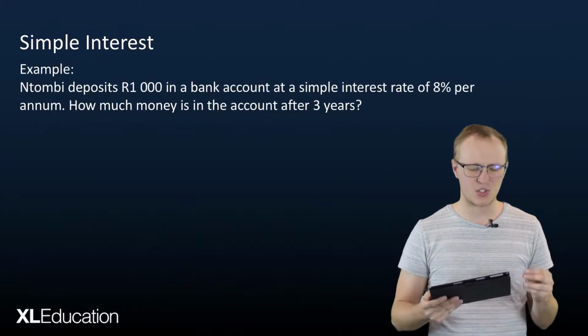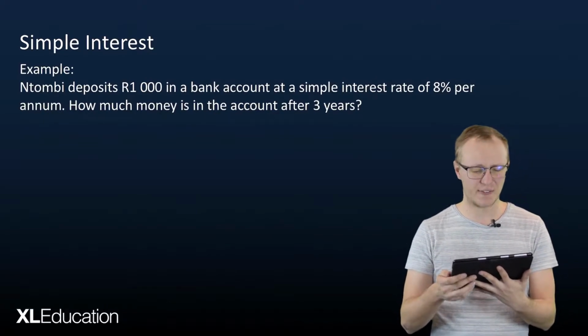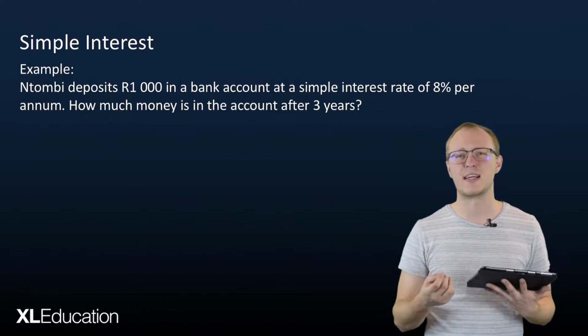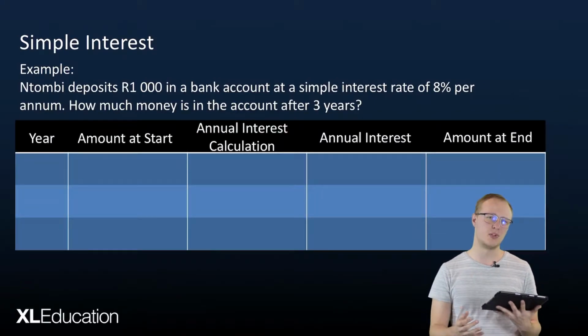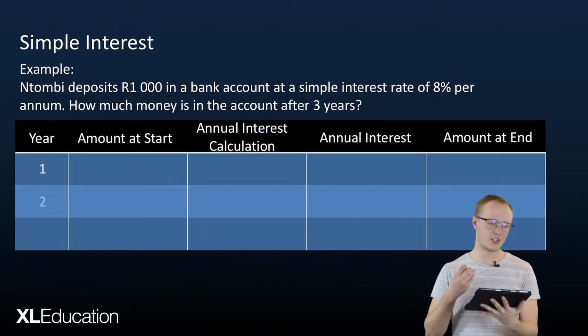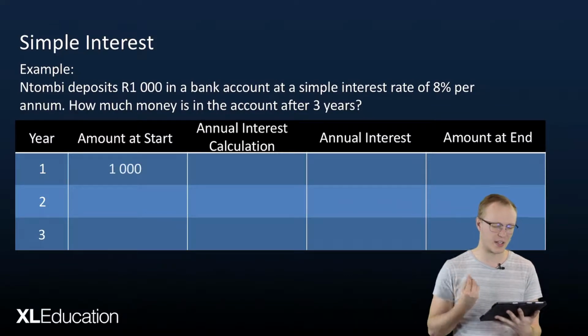Ntombi deposits 1,000 Rand in a bank account at a simple interest rate of 8% per annum. How much money is in the bank account after 3 years? Well, we're going to use a table to see if we can come up with an answer here. So, at the start of the first year, she has 1,000 Rand in the account.